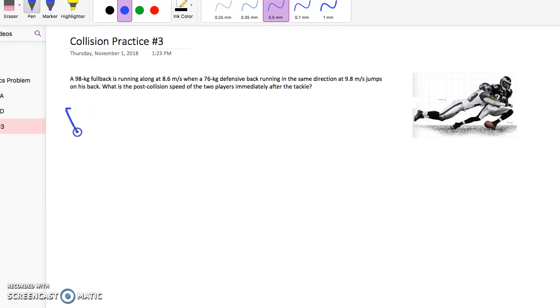So remember that momentum equals mass times velocity. And according to the conservation of momentum, whatever momentum you start with must be equal to the momentum you end with. So initial must be equal to the final.